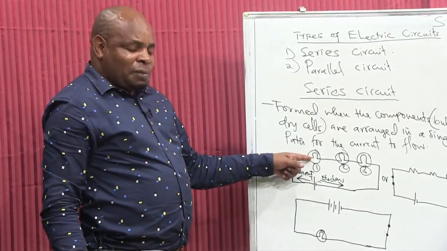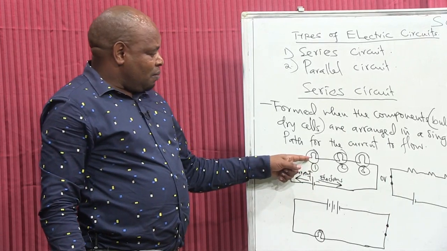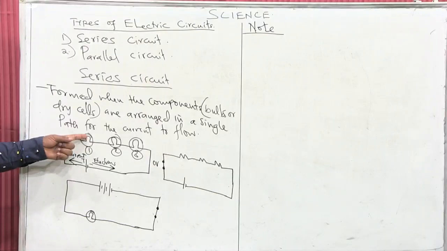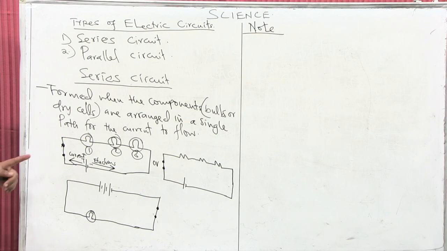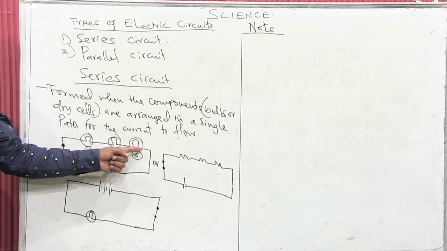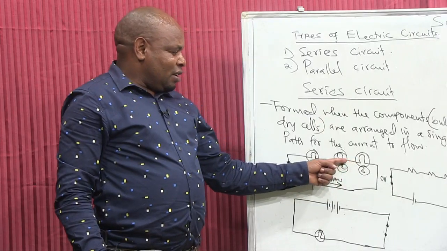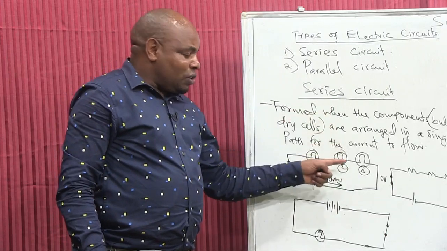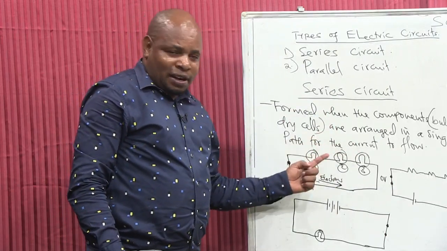Suppose this one has got a problem, maybe the filament of this bulb is not working. It means the current cannot flow. Then by saying so, it means the circuit has been broken.